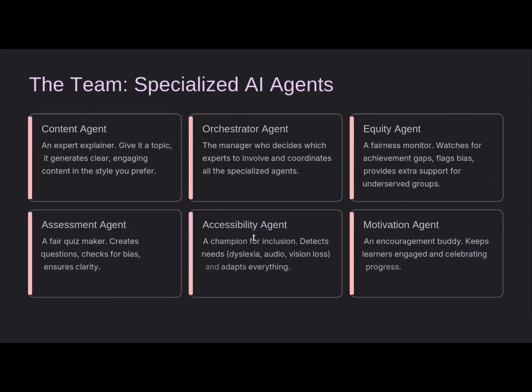So the team consists of the content agent, an expert explainer; assessment agent, a fair quiz maker; accessibility agent, a champion for inclusion; equity agent, a fairness monitor; motivation agent, an encouragement buddy; all coordinated by the orchestrator agent, the manager who decides which experts to involve.